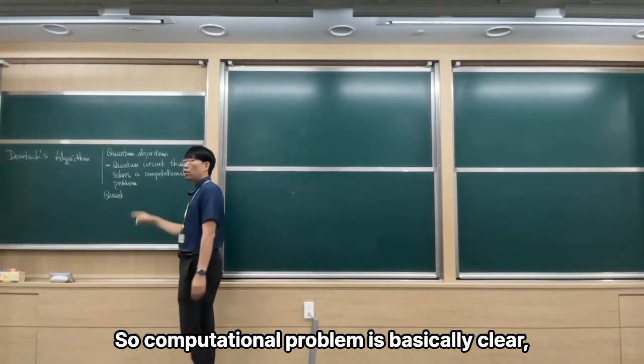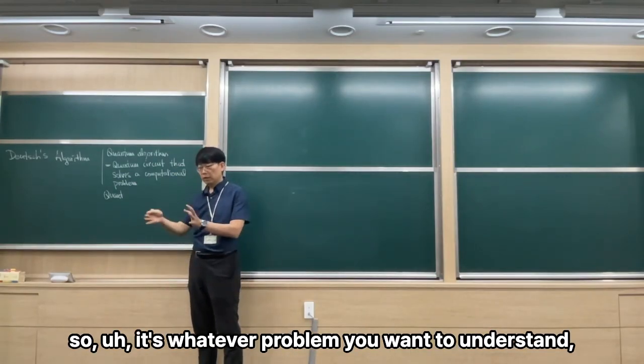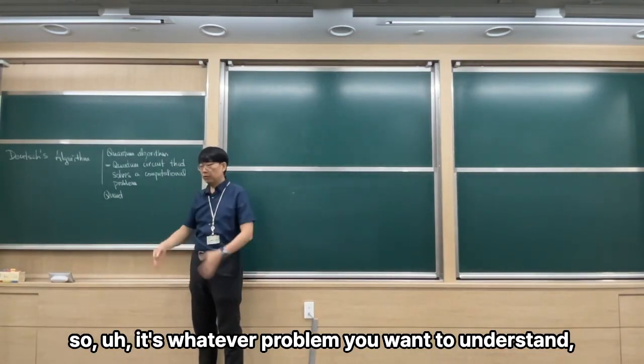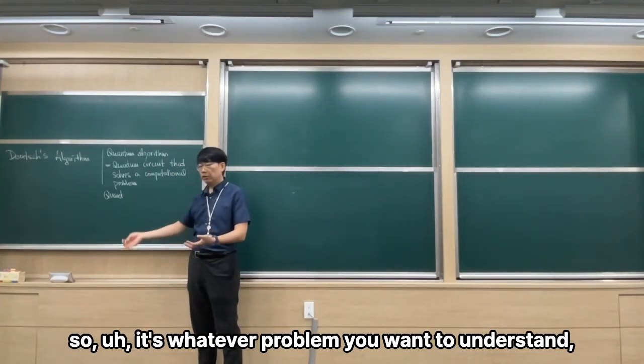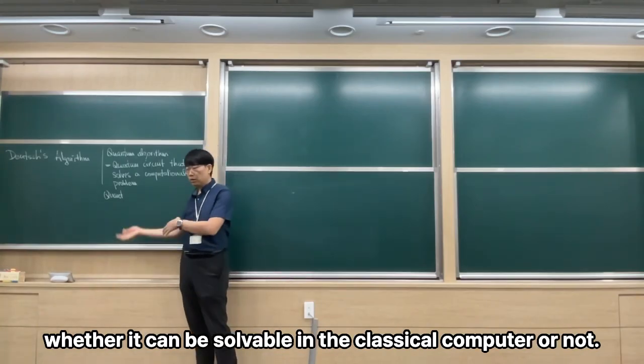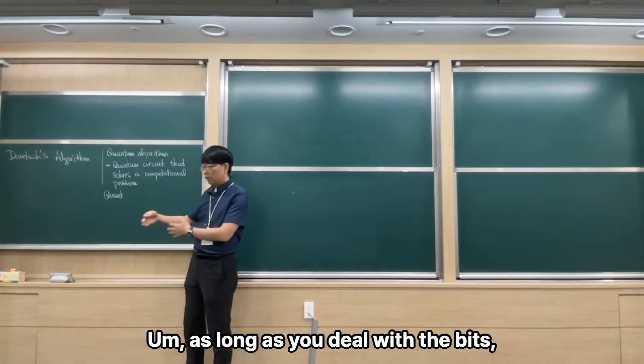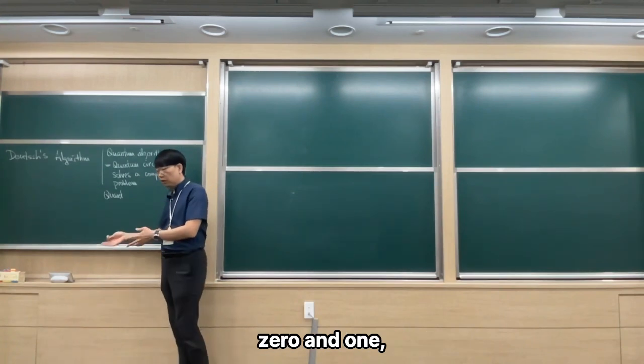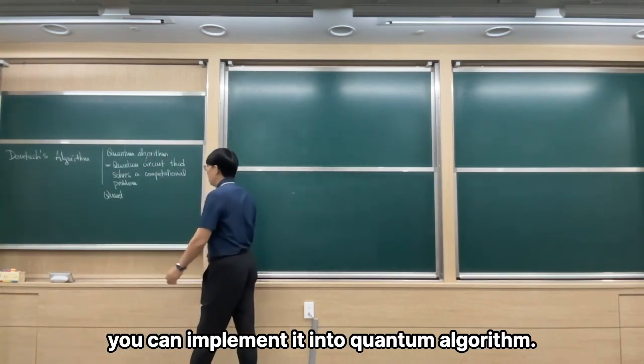So the computational problem is basically clear. It's whatever problem you want to understand, whether it can be solvable in the classical computer or not. As long as it deals with the bits 0 and 1, you can implement it into a quantum algorithm.